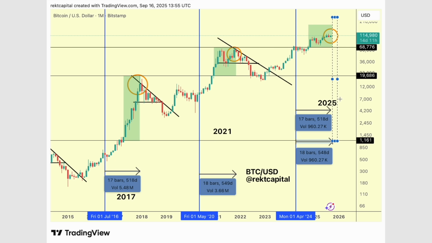Time is running out, and obviously it's very easy to keep moving the goalposts, and that's how you miss out on the bull market peak, and you end up round tripping your investments, which you don't want to be doing.